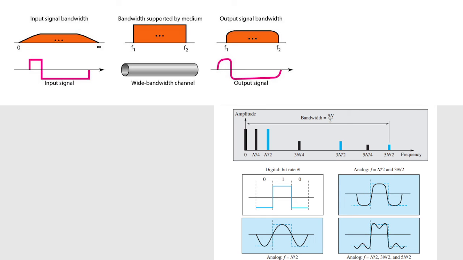As we know, bandwidth is directly proportional to the bit rate, so as the bandwidth is higher, faster transmission can happen.